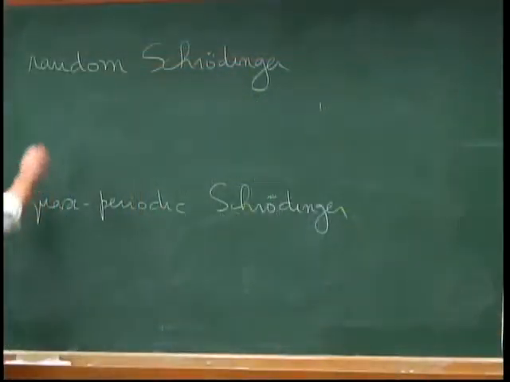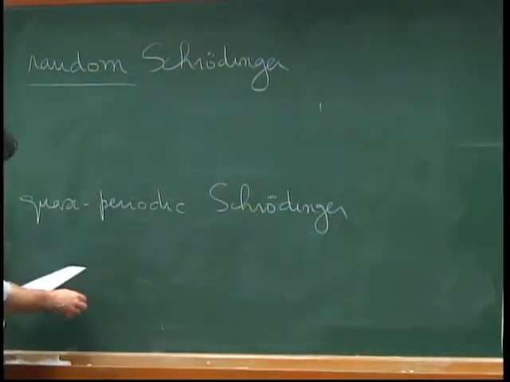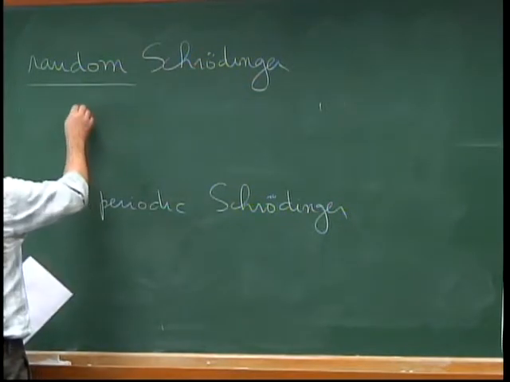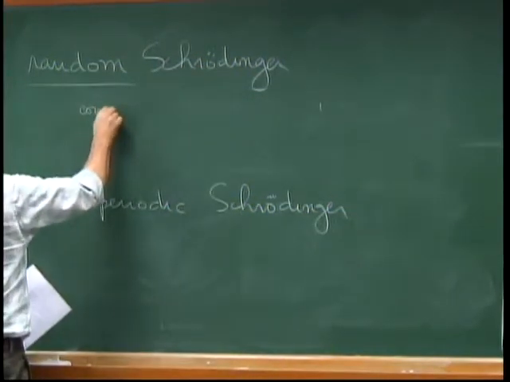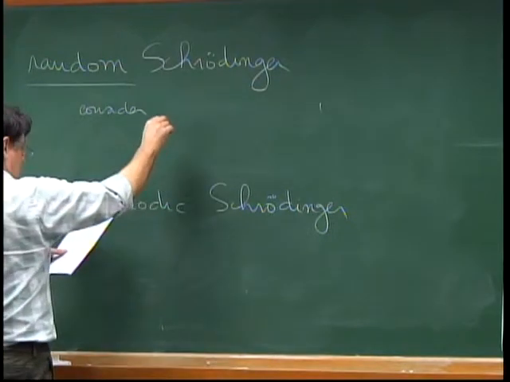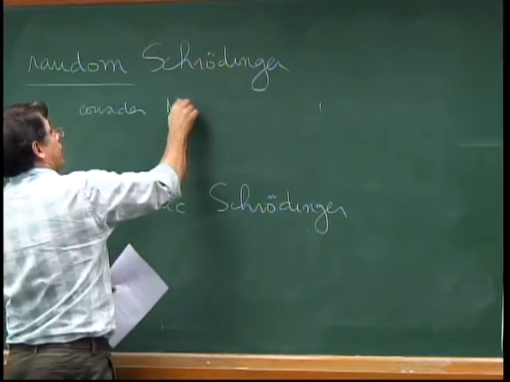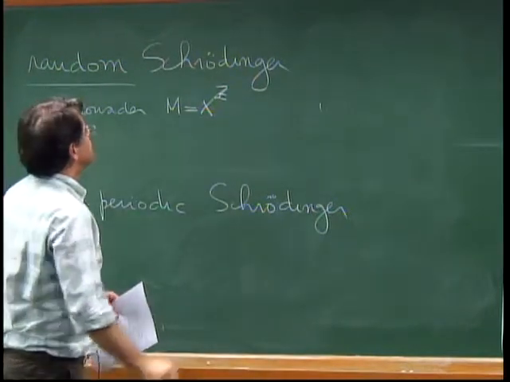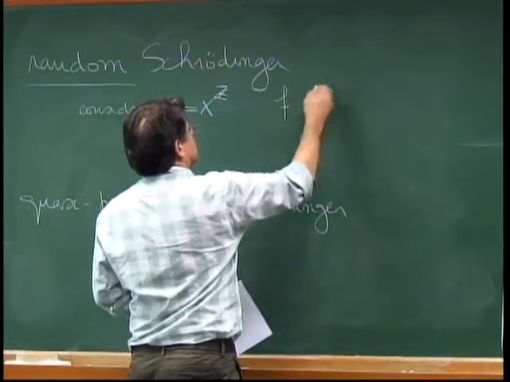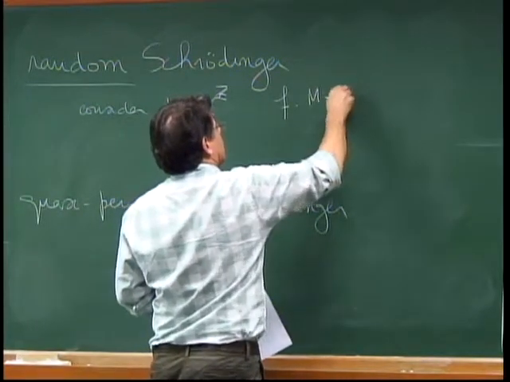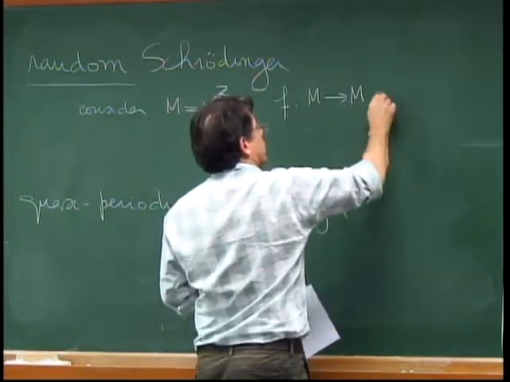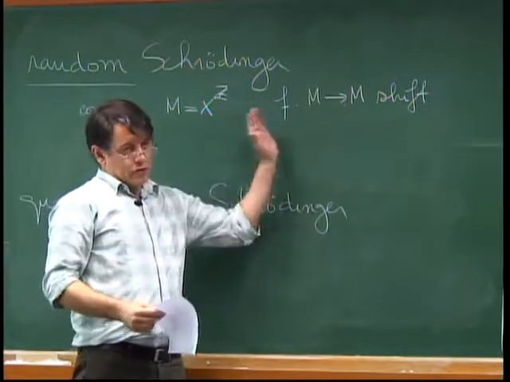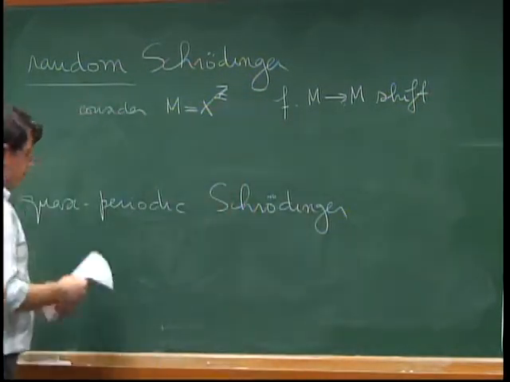So in random Schrödinger, the Vn are random variables. So in random Schrödinger, you consider a shift space, F from M to M, the shift map, the same as I introduced before, just the map that shifts the sequences to the left.